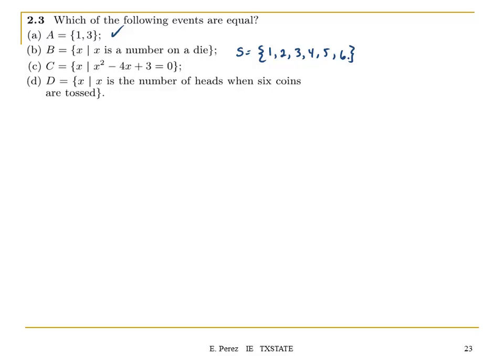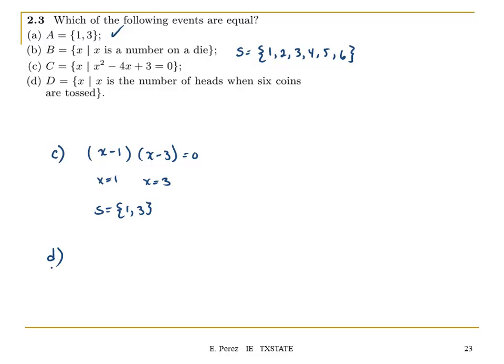What about part C? You've got to do the same thing we did for the other problem. So you need to solve this quadratic equation: (x minus 1)(x minus 3) equals 0. So x equals 1, x equals 3. So your sample space is 1 and 3.